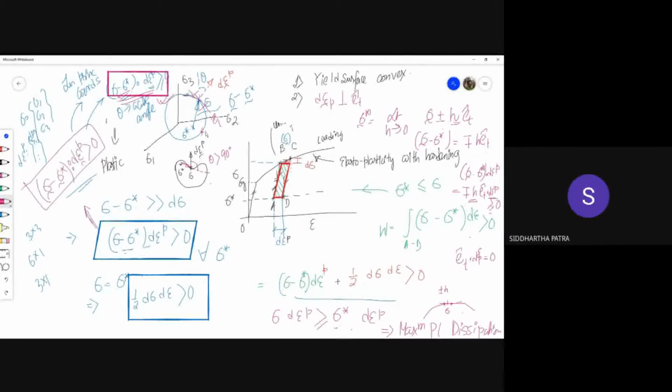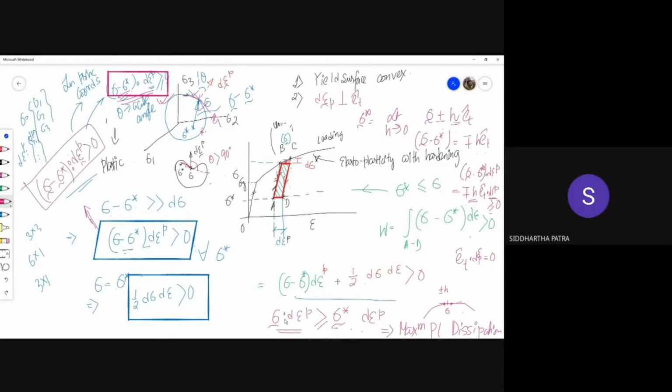Now, this inequality means of all the possible values of stress, the stress only assumes that value, and you need to remember by value I mean all the 9 components of it, because stress is a matrix, or on principal directions it's a vector. So all the components of it, so it assumes only that value that gives the maximum dissipation.